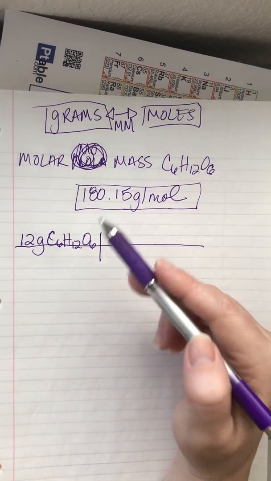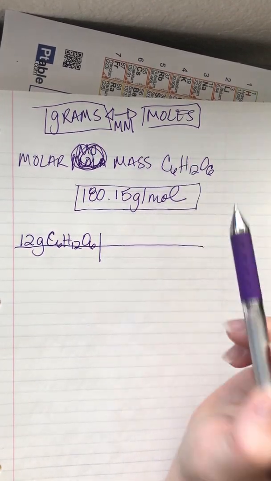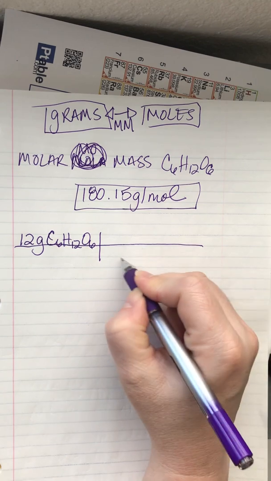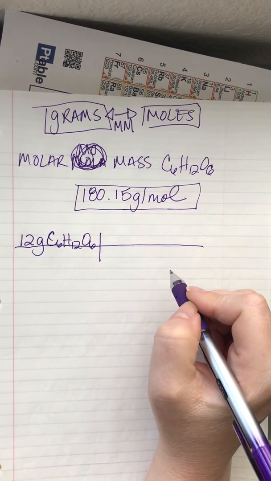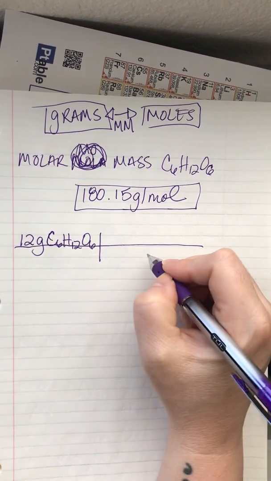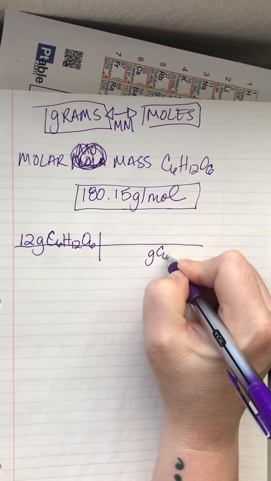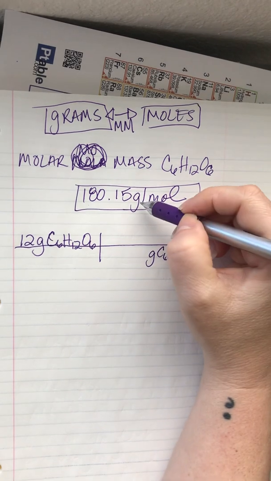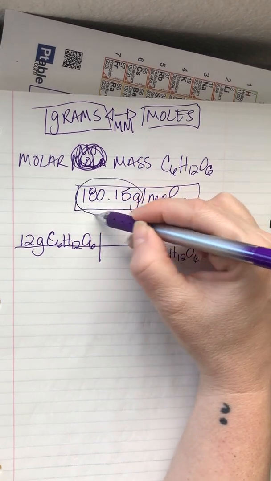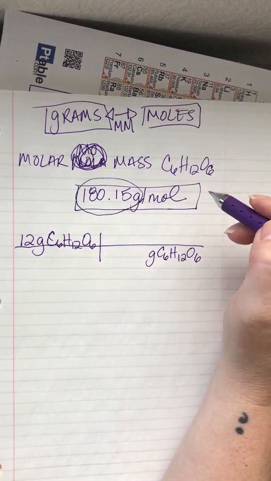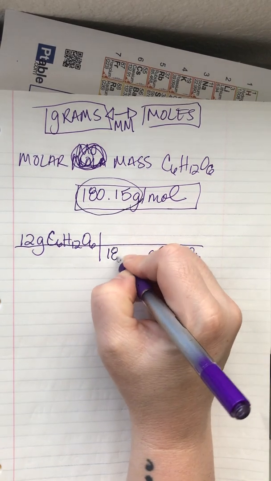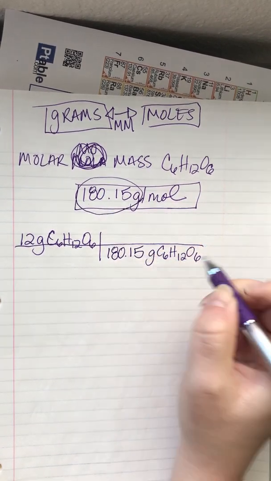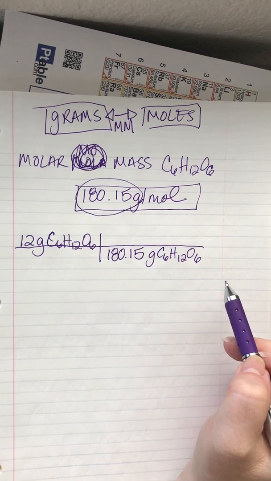So if I'm trying to go from grams to moles, what's the first thing I need to put on the bottom here? Grams, exactly, specifically grams of glucose. So the 180.15 is going to go on the bottom with grams.